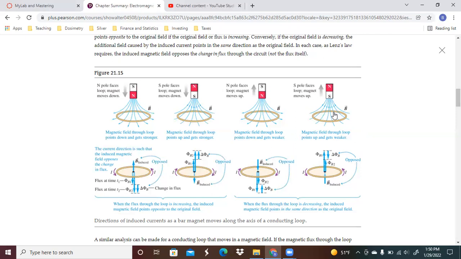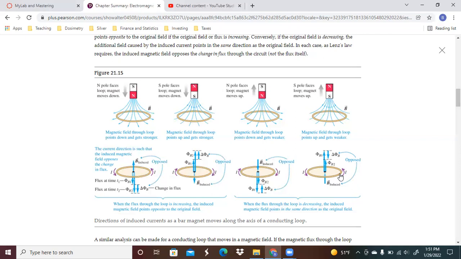Finally, over here, if we have a south pole and the magnet is still moving up, we're seeing the change in the flux going from here down to this direction because the number of field lines are getting smaller and smaller. Because of that, the change in the magnetic flux is actually pointed in this direction. Nature doesn't like that and wants to counteract that. It will do so by inducing a current in this particular wire in order to generate a magnetic field pointed this direction.